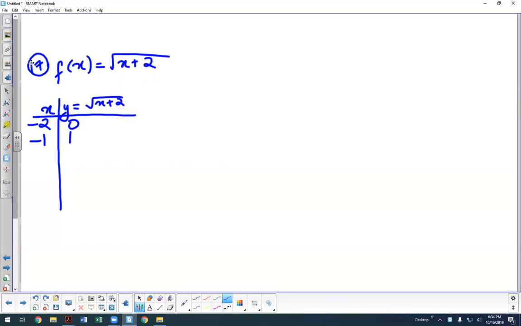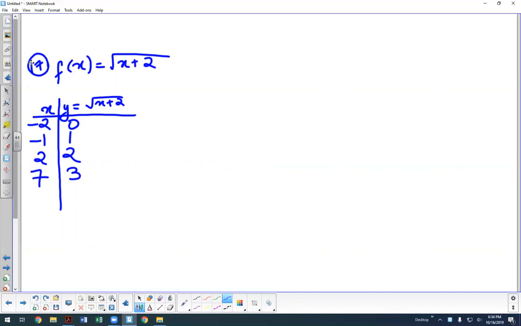Yeah, 2. Because 2 plus 2 will give us 4. Square root of 4 is going to give us 2. Give me one more. 7. Yeah, 7 plus 2 will be 9. Square root of 9 will give us 3.